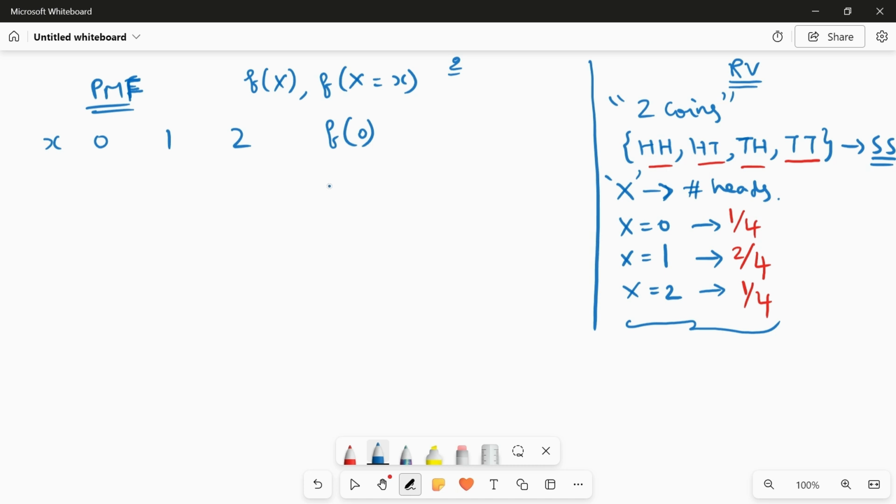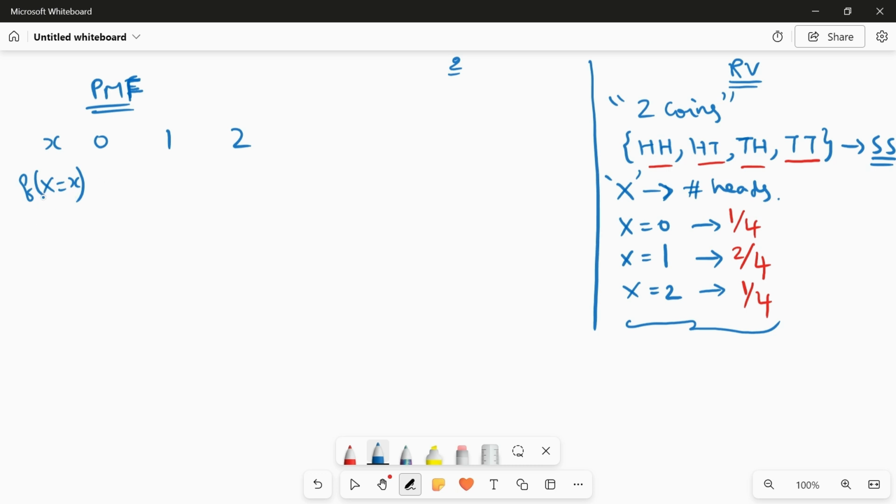Because the input is 0, and the input is assigned to this random variable, so you write X is equal to 0. Understood? Nothing of a big deal, we just continue the concept. So small x value is 0, 1 and 2, and the corresponding distribution, which is nothing but the probability mass function, whatever I told you just now, will be small f of the random variable capital X is equal to x.